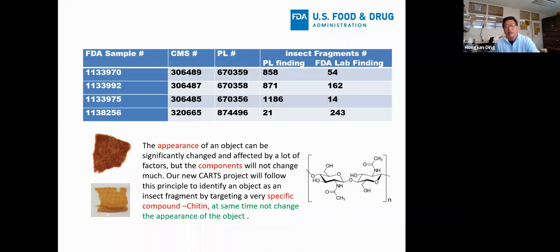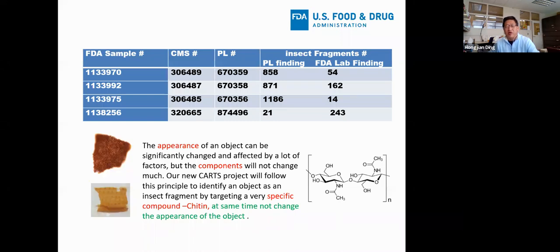Like a private lab found 800, 1100 insect fragments. When we audit their results, for the same product from the same lot, we only find much fewer insect fragments. So it means they mistook this one as an insect fragment, because this is a seed skin.